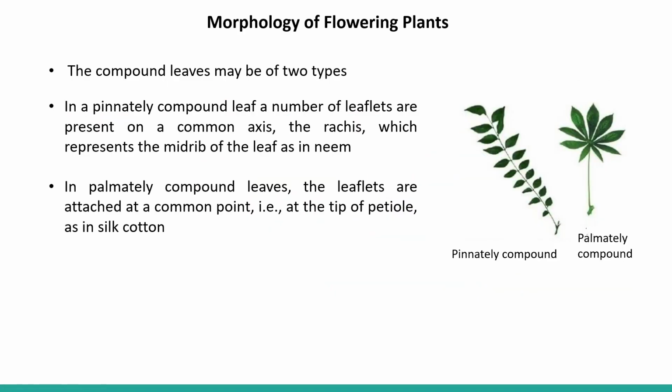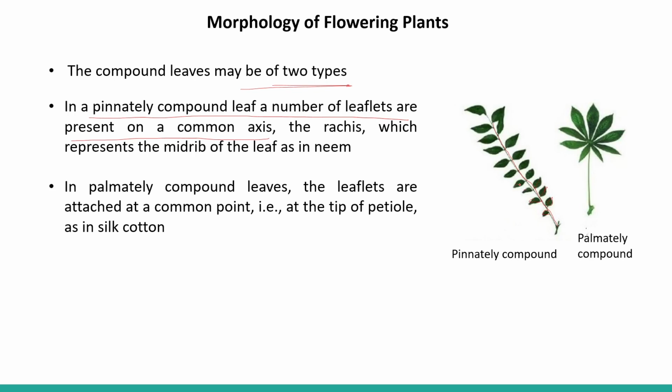Okay, next, the compound leaf may be of two types. So we have two different types of compound leaf. In a pinnately compound leaf, a number of leaflets are present on a common axis. So here we can see this is one common axis and we have the leaflets arranged like this.